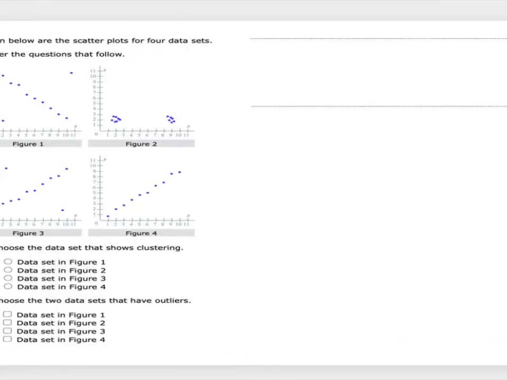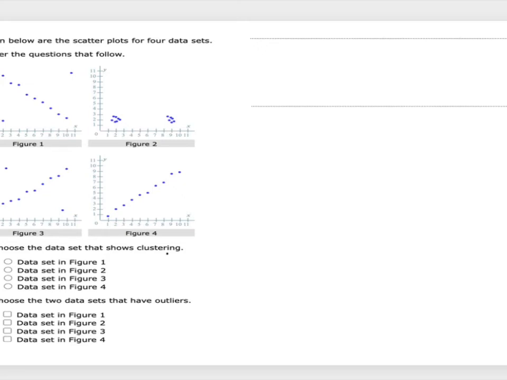Okay, so this was number 5, we're on problem number 6 now, even though it's not labeled. So 6 on your sheet that you're working on. Shown below are the scatter plots for 4 data sets. Answer the questions that follow. Okay, so it says choose the data set that shows clustering.